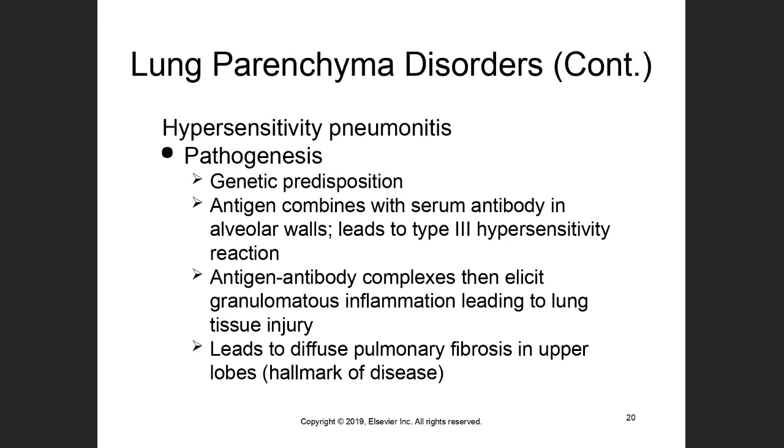Pathogenesis, genetic predisposition, of course, you have to be predisposed to allergic reactions. Antigen combined with serum antibody in the alveolar wall leads to type 3 hypersensitivity reactions. You know what is the characteristic of this hypersensitivity reaction? That is right here: antigen-antibody complex.